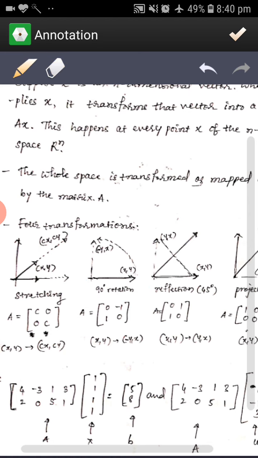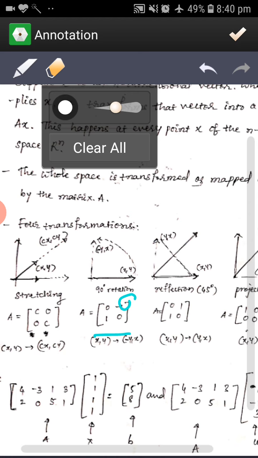The next one is reflection. In the image, the vector will look like this, but there will be no change in the sign. You can see here (x, y), then (minus y, x), with the negative sign.